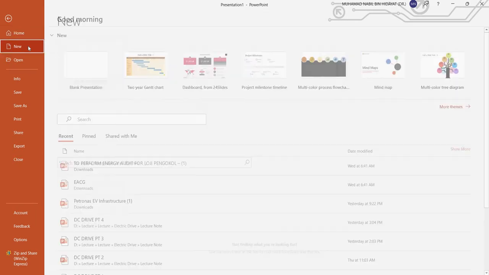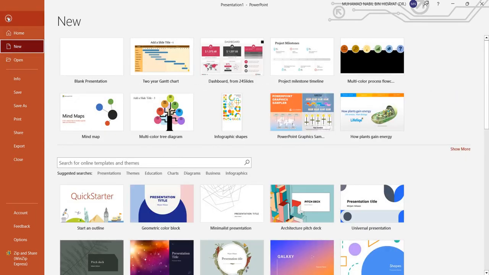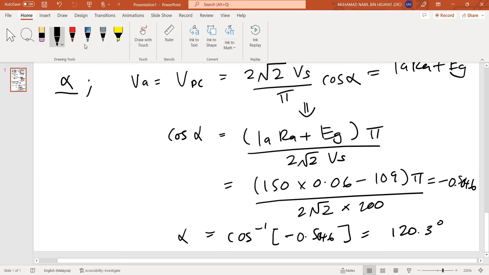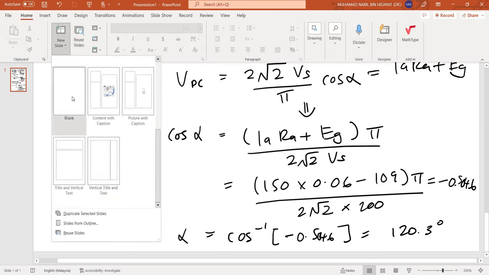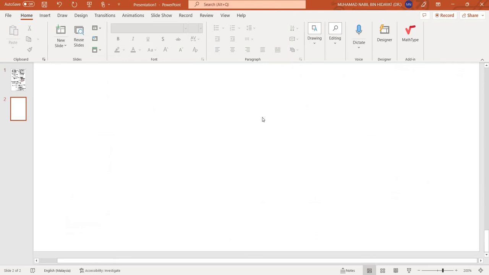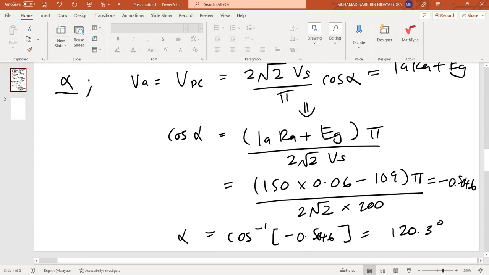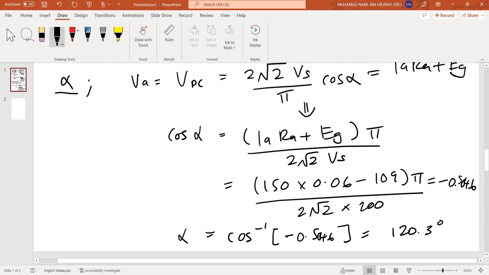So for number one, the drive is in the positive speed region, and for number two, it is in the regenerative braking region. Let's look at number three.